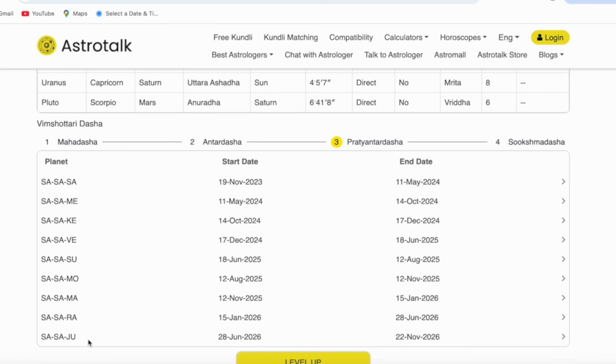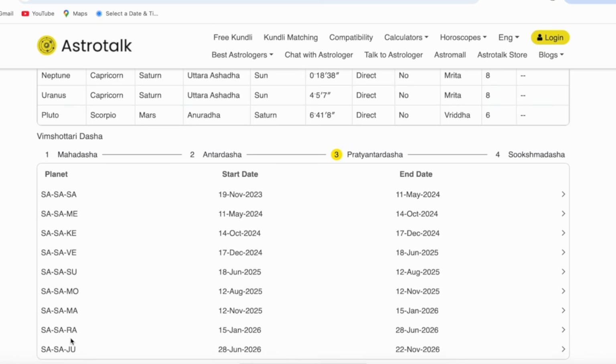And day before yesterday, they told me that their marriage is fixed for sometime in August this year. So I'm not going to give you the exact date again, but it is going to happen within this time that I predicted for them. So after you find a proper dasha, the next thing that you look for is the transit.